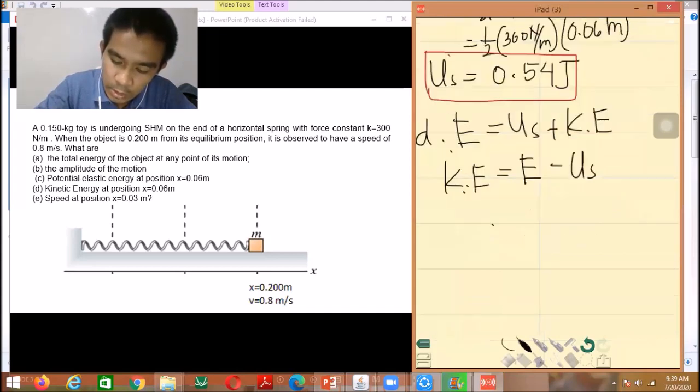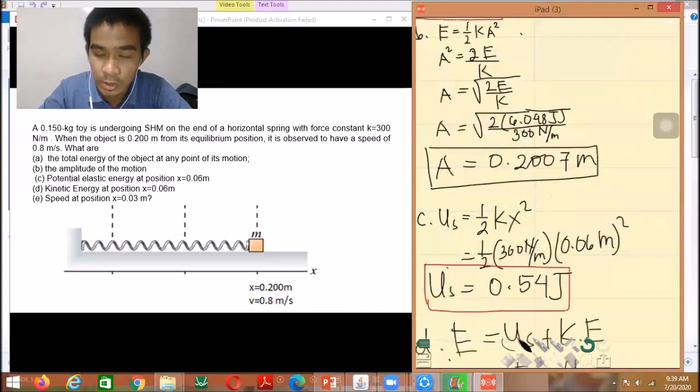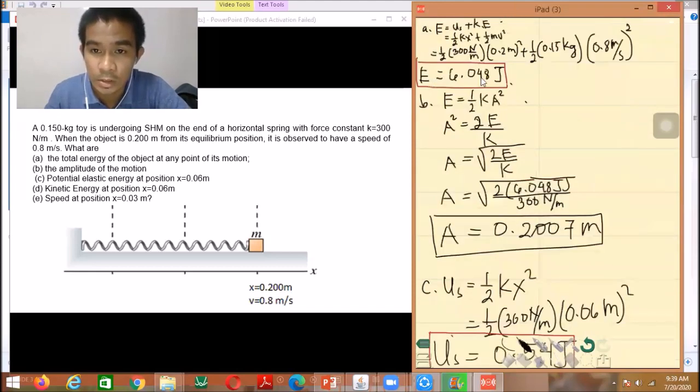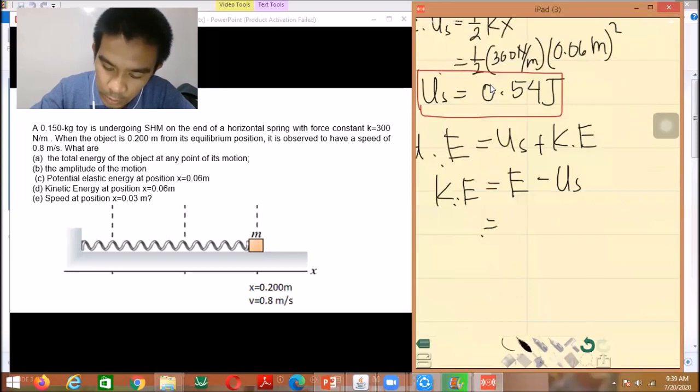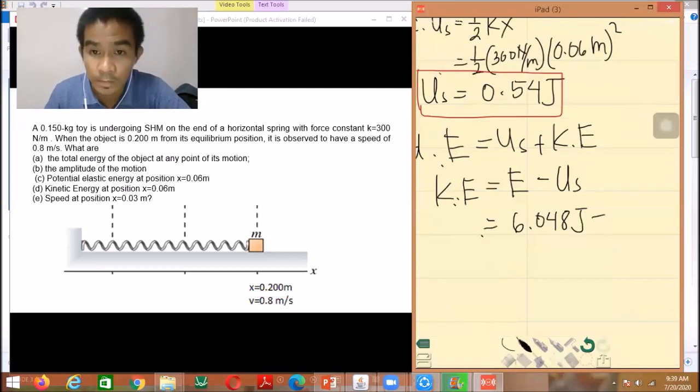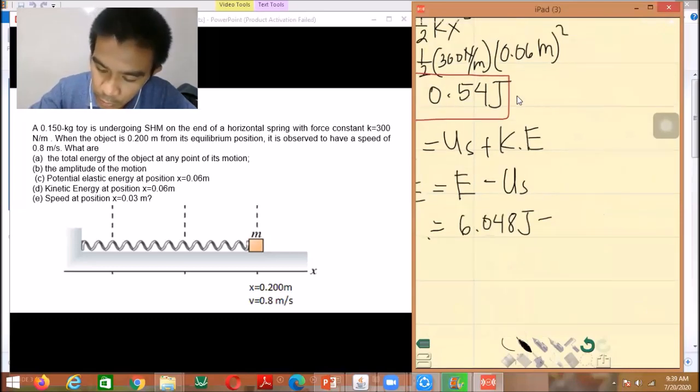The total mechanical energy is 6.048 joules minus the elastic potential energy, which is 0.54 joules.